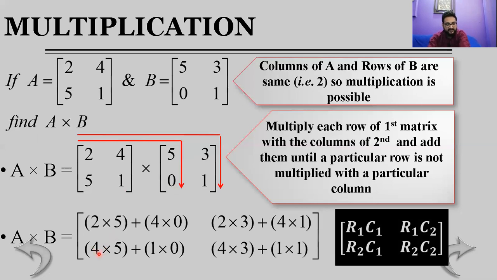Okay, you can see this R2 multiplied by C1 and then 5 multiplied by 5. आप इसको चेंज कर दें, इसको आप 4 नहीं करें, आप इसको 5 कर दें, 5 मल्टीप्लाई बाय 5 हो जाएगा ये, ओके। And the second value is 1 multiplied by 0, that is 1 multiplied by 0. ओके। Is this clear?